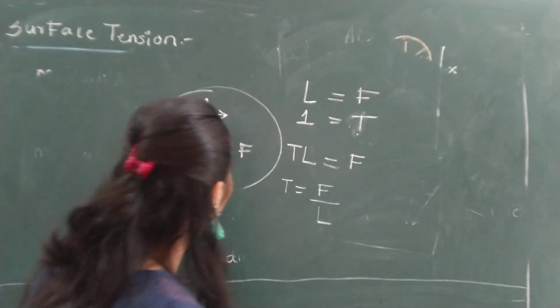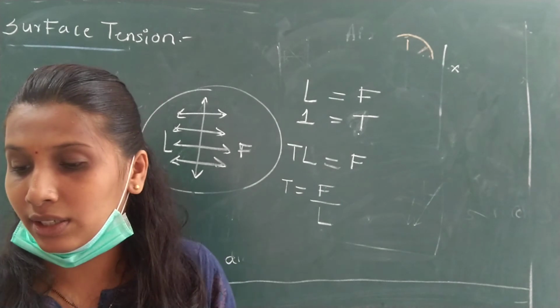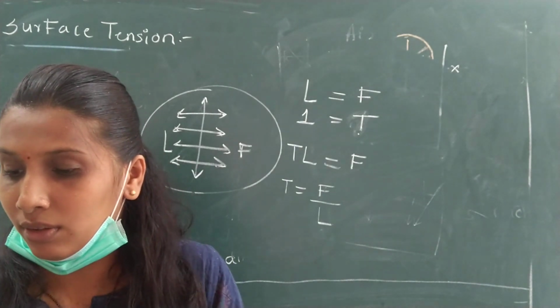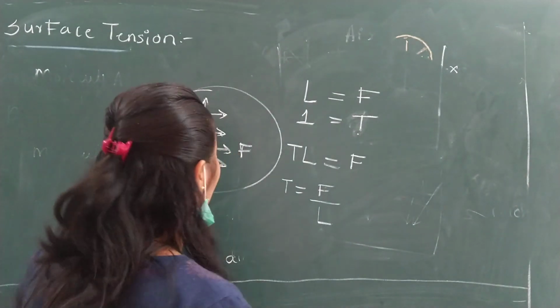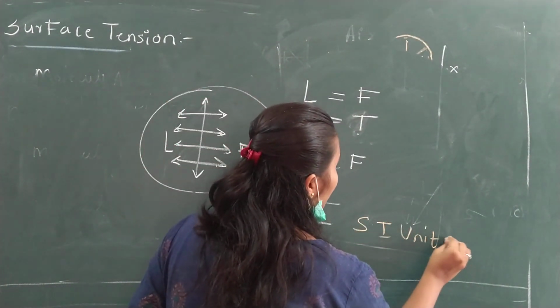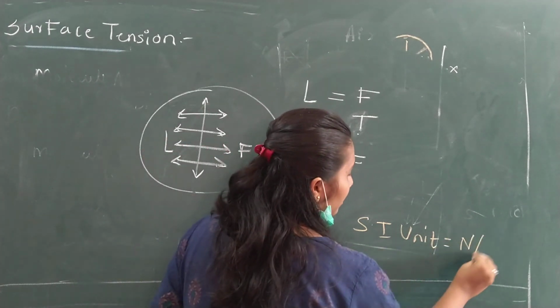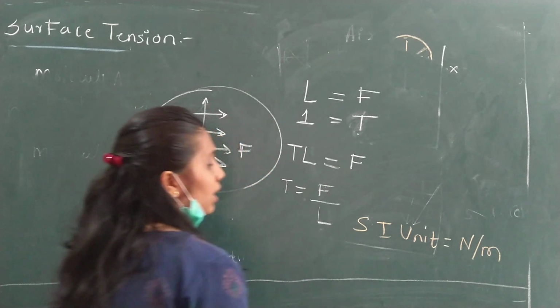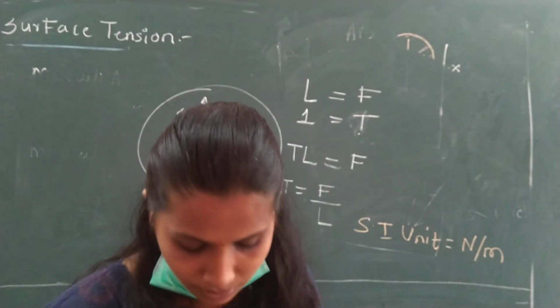Now let's come to the SI unit of surface tension. By the formula, you can tell me, force has unit Newton and length has unit meter. So the SI unit of surface tension is Newton per meter.